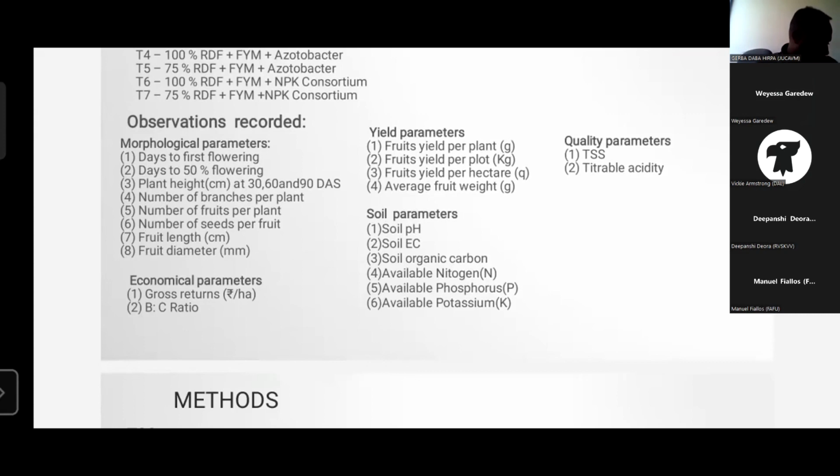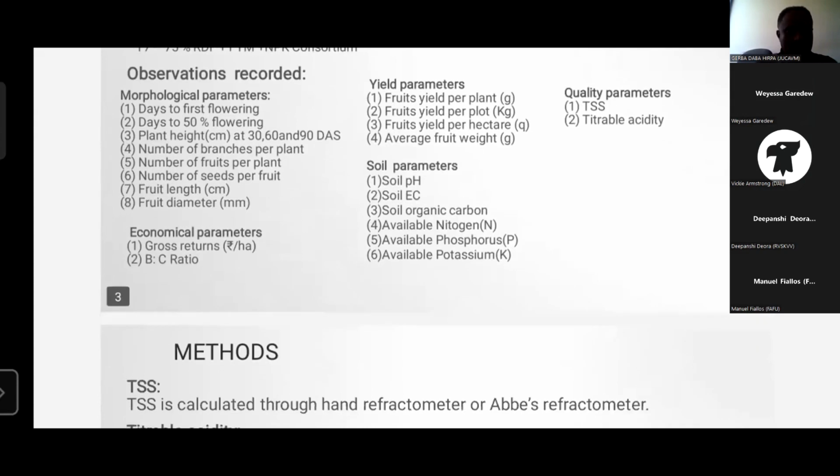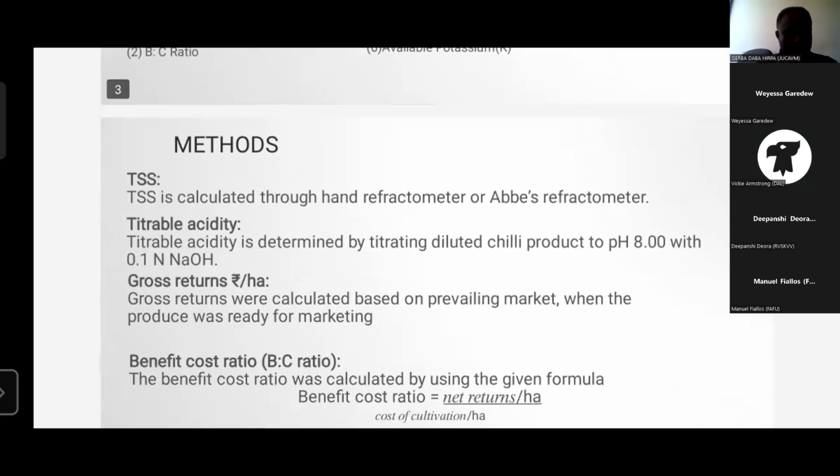There were quality parameters like TSS and titrable acidity, and soil parameters: soil pH, soil EC, that is electrical conductivity, soil organic carbon, available nitrogen, available phosphorus, and available potassium. Economic parameters were gross return, that is rupees per hectare, and BC ratio, that is benefit cost ratio. There were various methods.